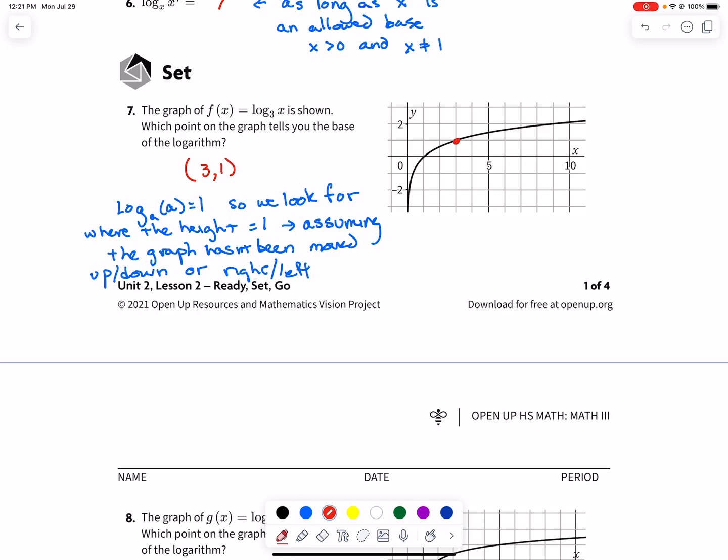A slightly more reliable way is to look for the vertical asymptote, and then we always go through 1, 0 for any base. So you look for 1 to the right of the asymptote, and then the distance between the asymptote and where you are 1 up from that is what the base is going to end up being.